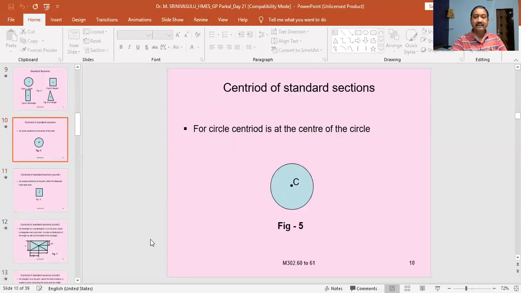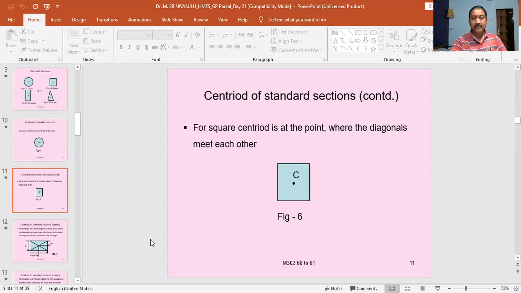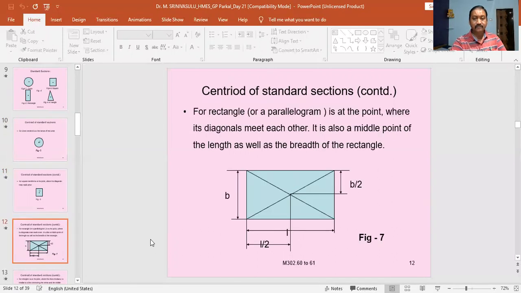So generally for the circle, the centroid will act at the midpoint, that is the center. For the square also, the CG will be lying at the point of intersection of the diagonals, where the diagonals meet each other.